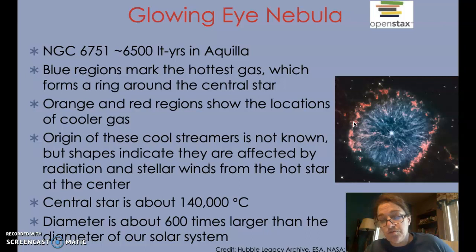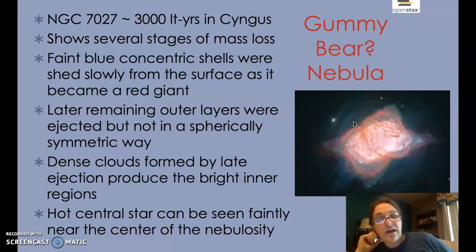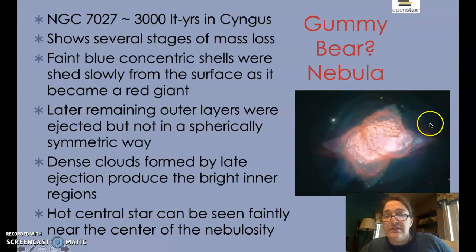So huge. This nebula, about 3 years ago, the name Gummy Bear Nebula was proposed for it. I don't believe that it has been classified as that yet, but I think it's kind of a cool name.